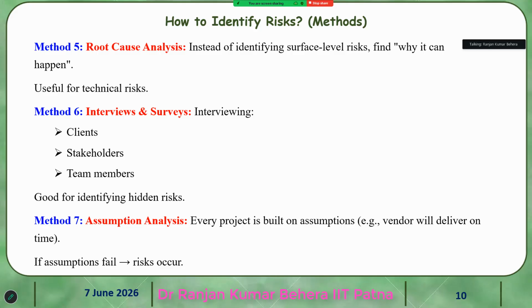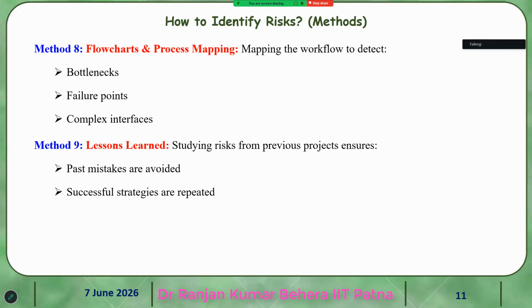Then assumption analysis. Every project is built on assumptions. The vendor will deliver on time. All environmental conditions will be all right. If that assumption fails, that is called a risk; risk occurs. Then method 8 is flowchart and process mapping.